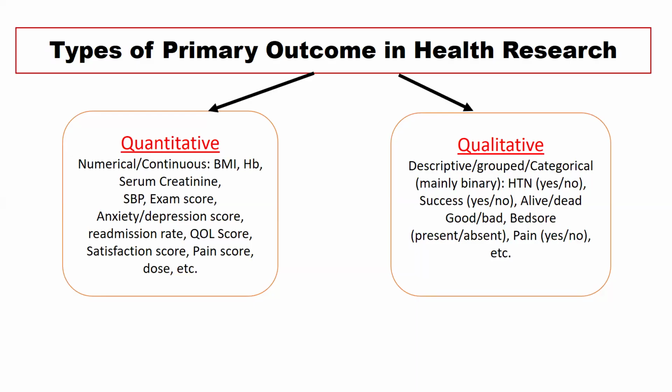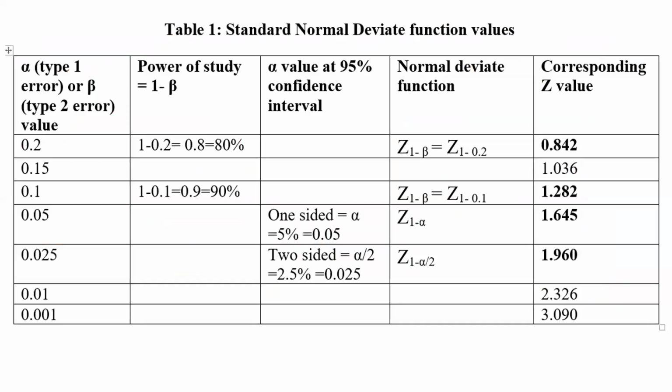If our primary outcome is quantitative in nature, we have to calculate the mean, and the formula is different. If it is qualitative, descriptive, grouped, categorical or binary, then the formula is different, and we have to calculate frequency, percentage and proportion. You have to remember this.